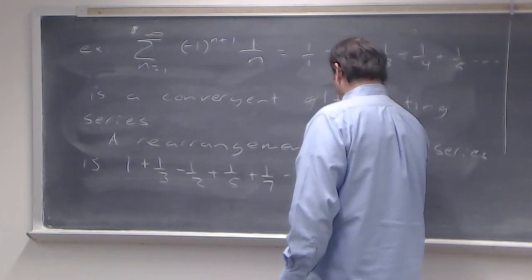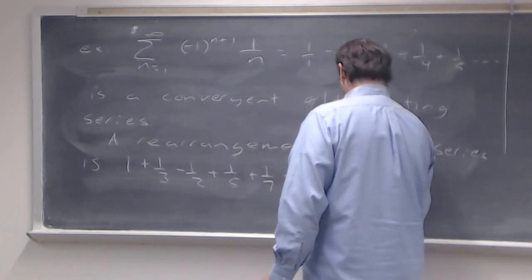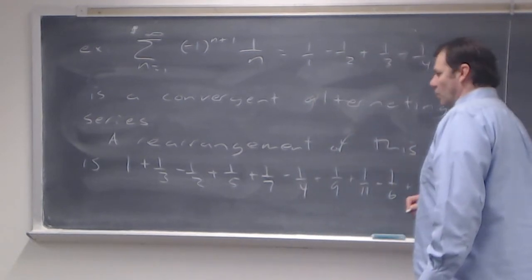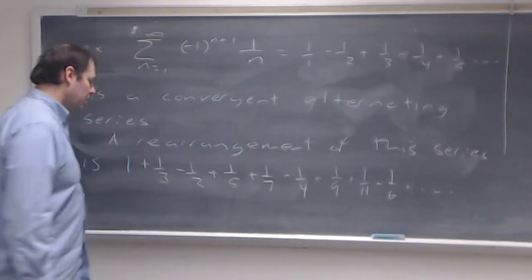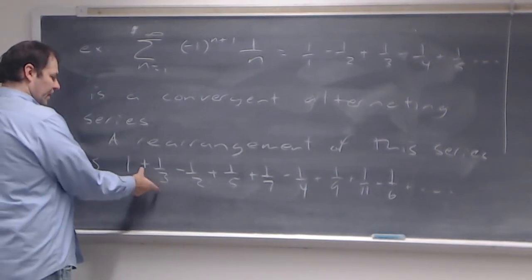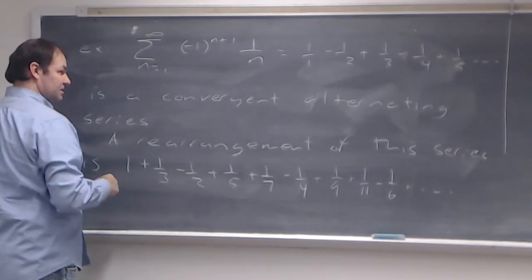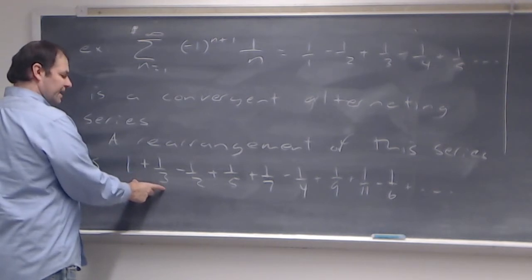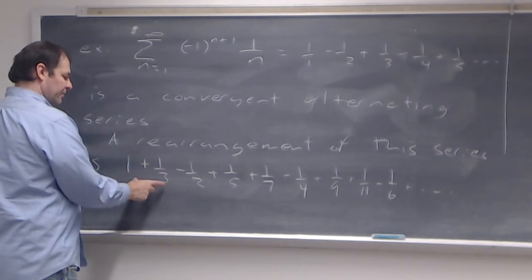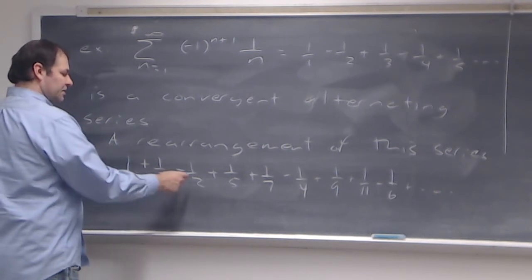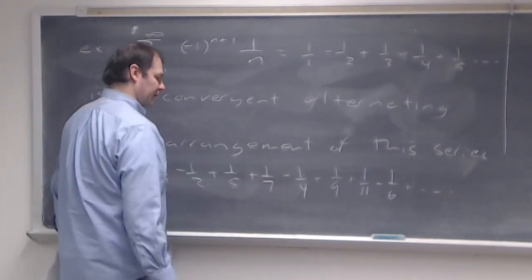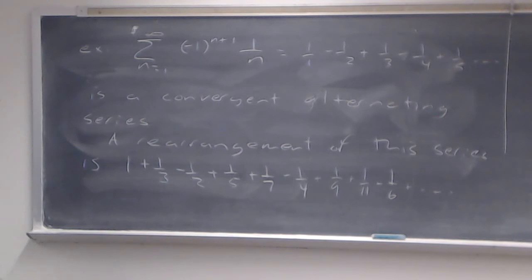Then we'll have plus 1/9 plus 1/11 and minus 1/6. And plus, it's going to keep going on in this fashion. So what we're having is from our regular series that's listed up here, our original series, we're taking two consecutive positive terms followed by the previous negative and so forth. We're going on like this forever in terms of making the rearrangement.